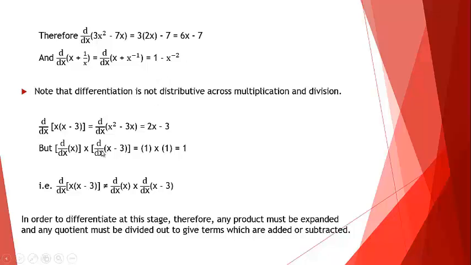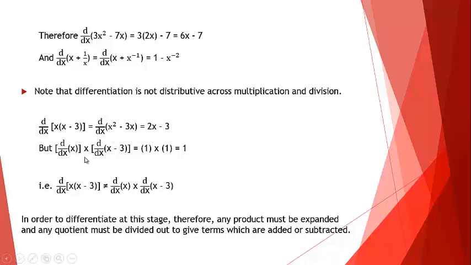Note that differentiation is not distributive across multiplication and division. The differentiation of x times x take away 3 with respect to x gives us the differentiation of x squared take away 3x with respect to x. So we have expanded the brackets and got x squared take away 3x. Differentiating x squared take away 3x would give us 2x take away 3.